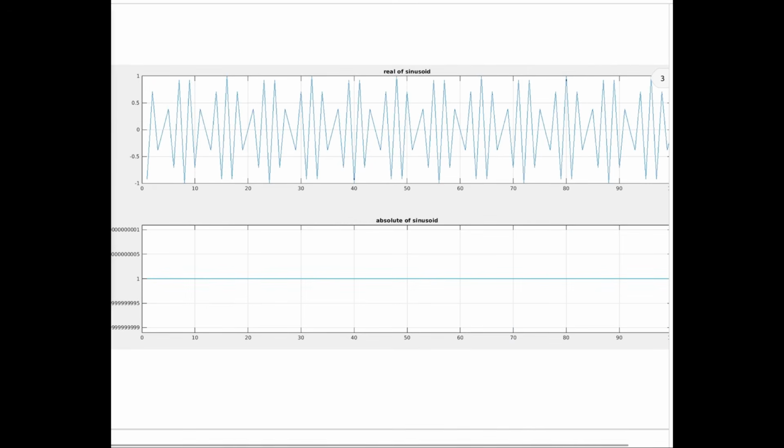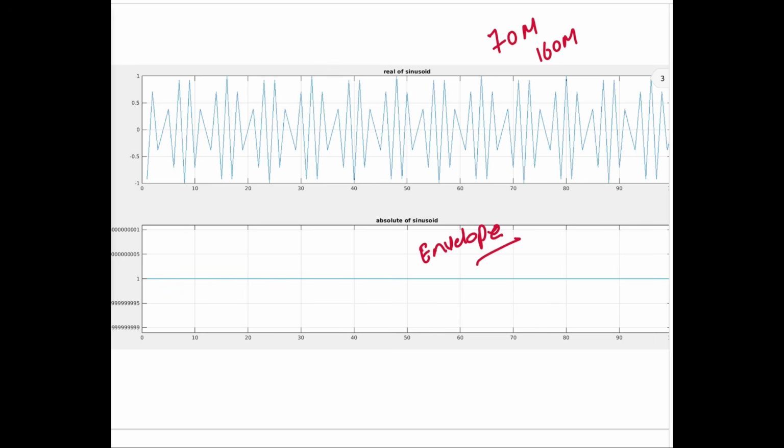Let's look at the below plot first, which is the absolute value, or the envelope, of the sinusoid. This is the original signal, not the upsampled. It is almost flat. And the above plot is the real value of it. You may be wondering why it is not looking like cosine or sine, because of the values that we have chosen, signal frequency of 70 megahertz and sampling frequency of 160 megahertz.